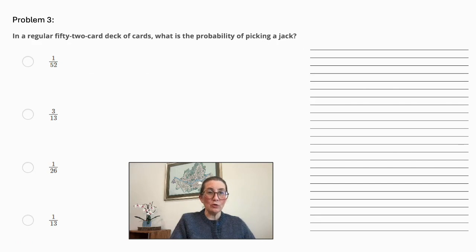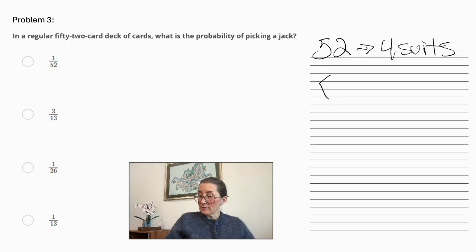In a regular 52-card deck of cards, what is the probability of picking a jack? So a standard deck of cards is 52 cards, and it is made up of 4 suits: diamonds, hearts, clubs, and spades.